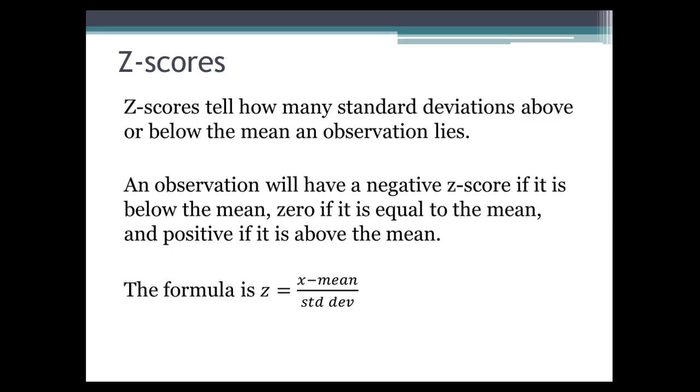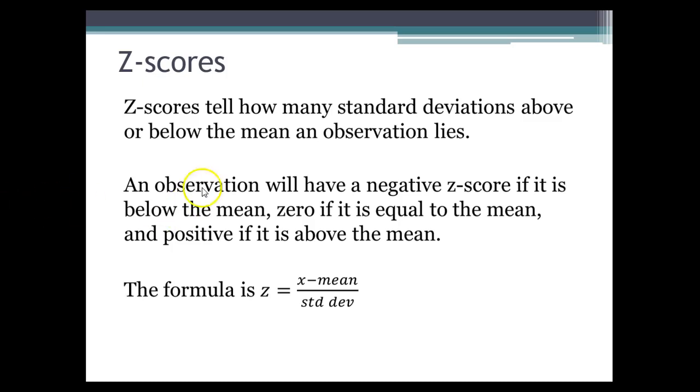All right, finally, let's talk about z-scores. Z-scores tell you how many standard deviations above or below the mean an observation lies. So an observation can have a negative z-score if it's below the mean. It'll be 0 if it's equal to the mean exactly, and if it's above the mean, it'll be positive.